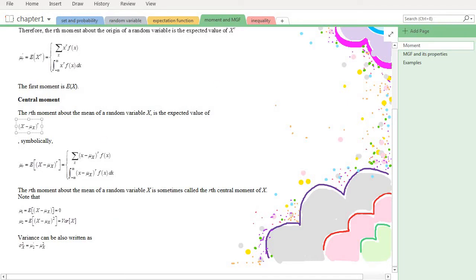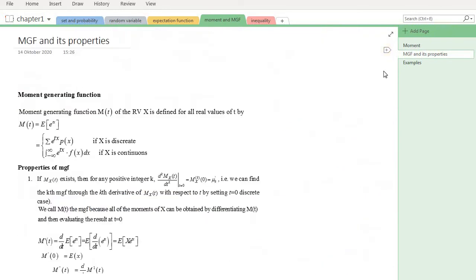And then next we move to the moment generating function and its properties. First of all, we would like to know what is meant by the moment generating function. As a definition, it gives us the following formula: the expected value of the exponential power tx.